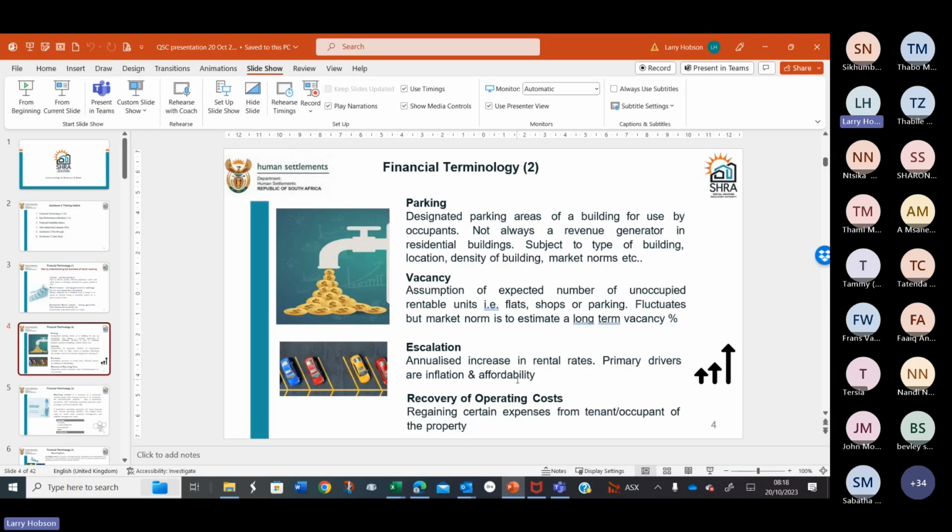We also recover operating costs in places where we don't have prepaid meters. There are still some properties that haven't installed prepaid meters, and we recover electricity and water usage through the monthly rental statement that gets added to the monthly rent.